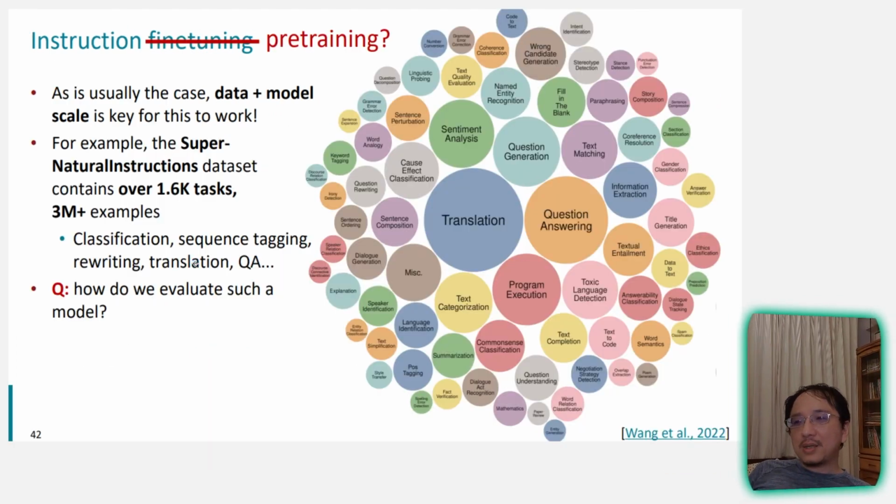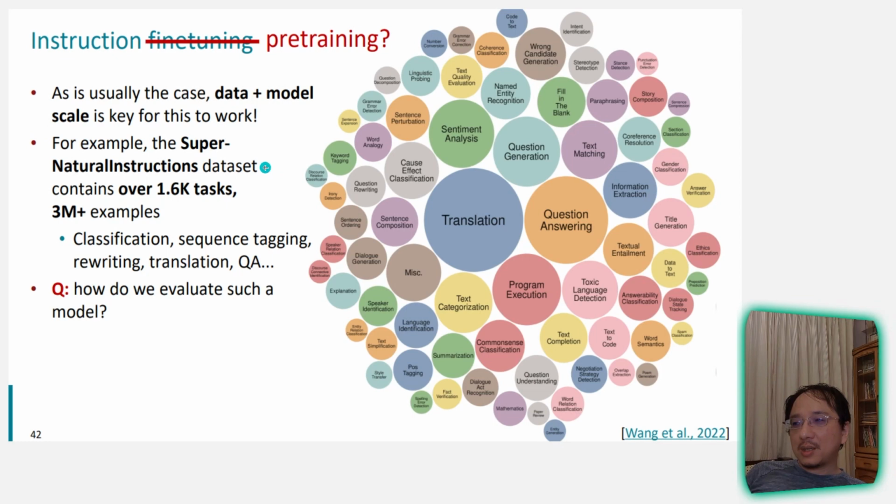Because this method is very useful, there is very active research on this approach. Although we call it instruction fine-tuning, the dataset is really huge. For example, the Supernatural Instructions dataset contains over 1.6 thousand tasks and over 3 million examples. So this method is still a solid method that people use today.